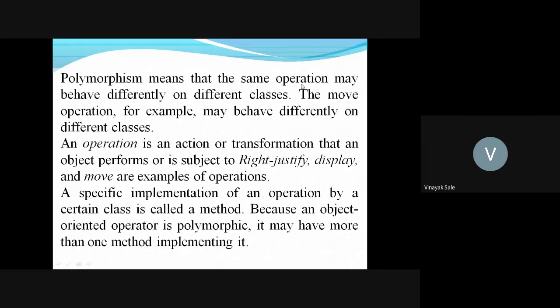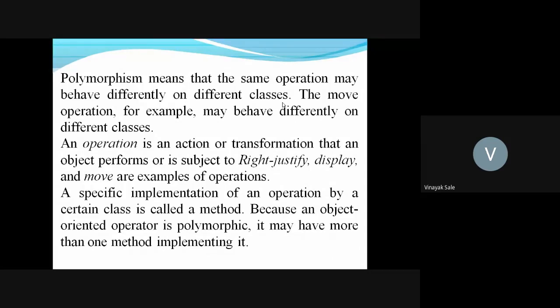This is the same operation but it behaves differently on different classes. Suppose a triangle: this class contains three vertices, three sides, three angles. Square includes four sides, four angles, and each angle is 90 degrees.